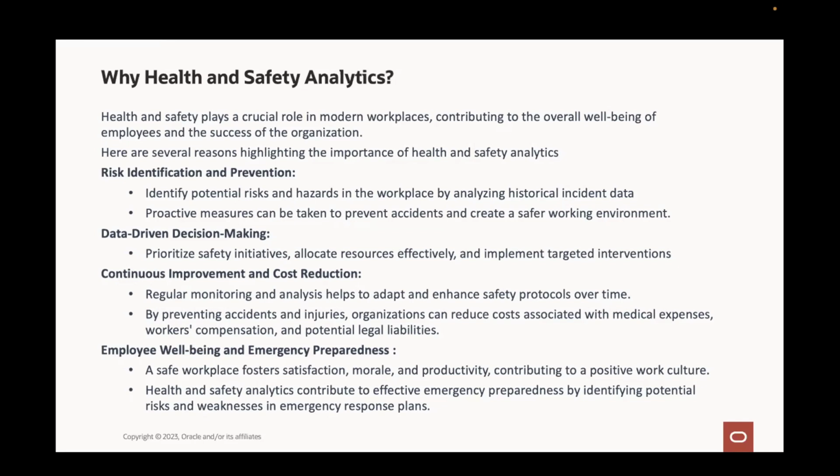A water spill on the floor could cause an employee to slip and hurt something, or a fire or explosion could be a lot more gory and could cause more agony to the employees and also the organizations. So these are some examples of health and safety incidents that happen in an organization.